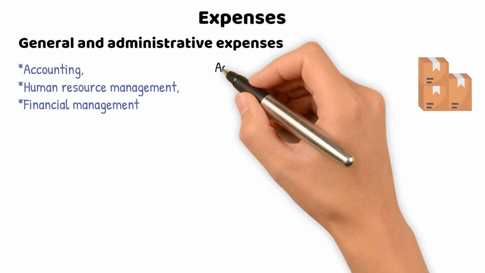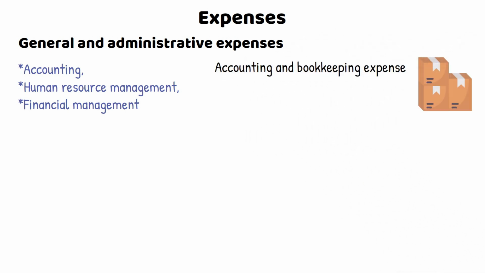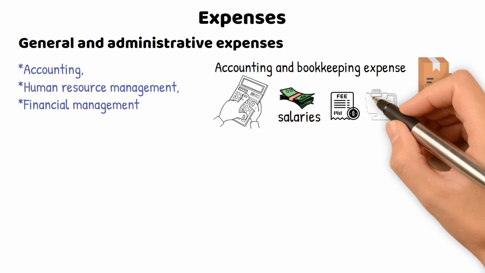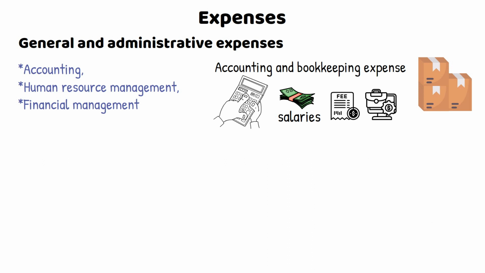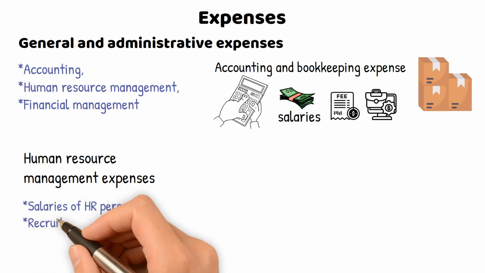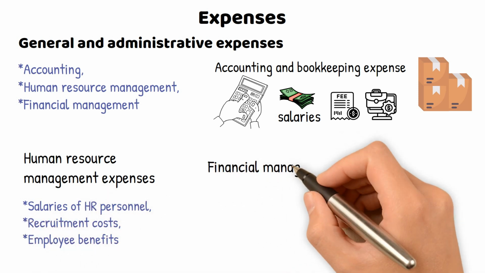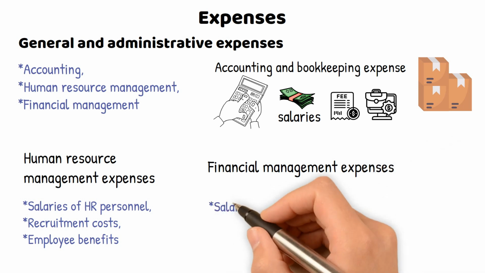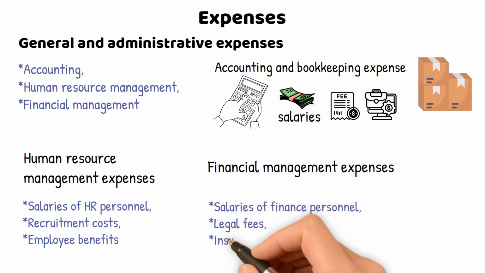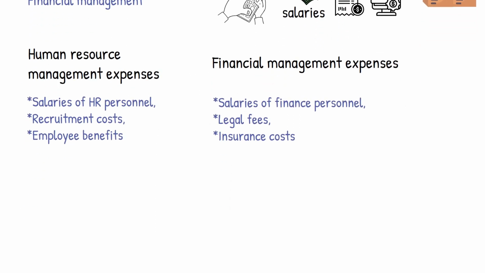Examples of general and administrative expenses include accounting and bookkeeping expenses, such as salaries of accountants, auditing fees, and accounting software costs. Human resource management expenses, such as salaries of HR personnel, recruitment costs, and employee benefits. Financial management expenses include salaries of finance personnel, legal fees, and insurance costs.